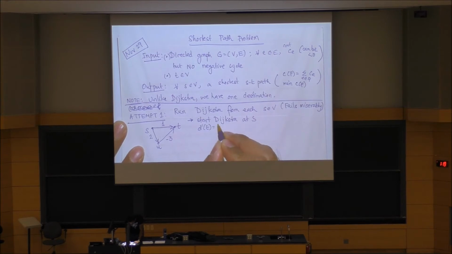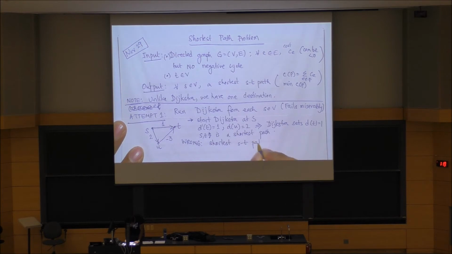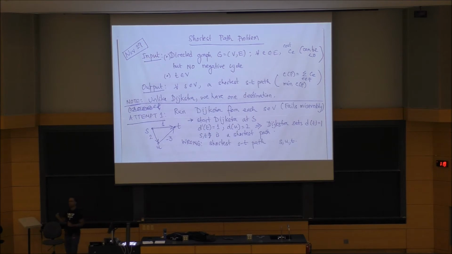So d prime of t is 1, and d prime of u is 2, and so that implies in this case Dijkstra sets d of t to be 1 and basically says ST is the shortest path, but this is wrong because the shortest ST path is SUT. Okay. Now, if you remember the proof of Dijkstra's algorithm, you'll see this is exactly the bad case that the proof doesn't handle.